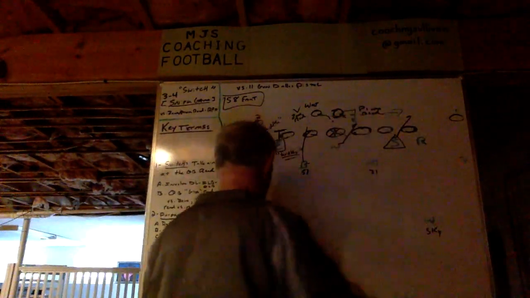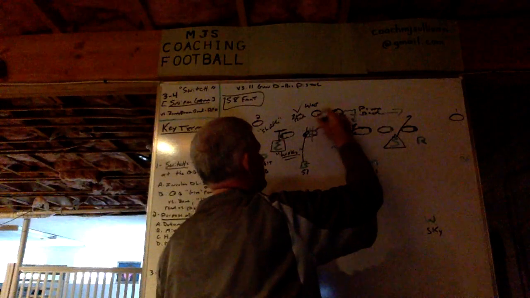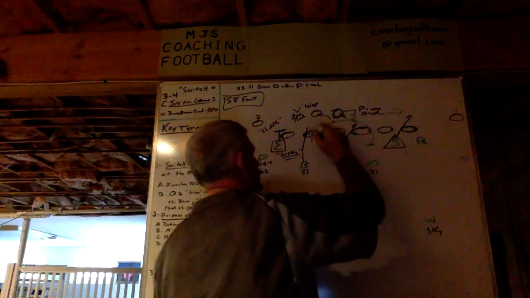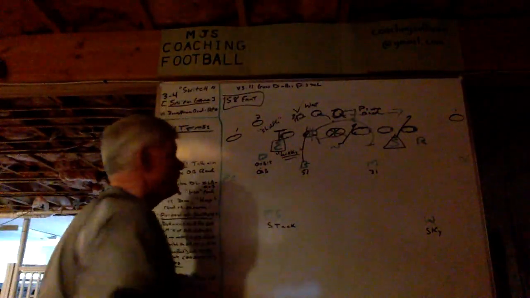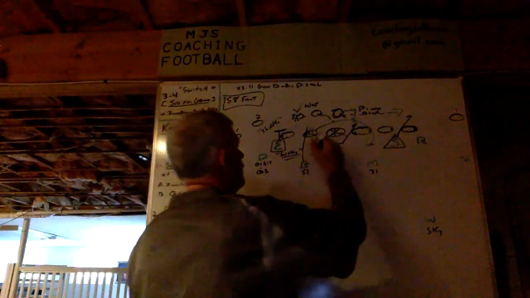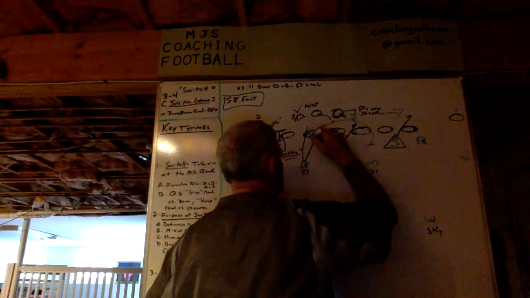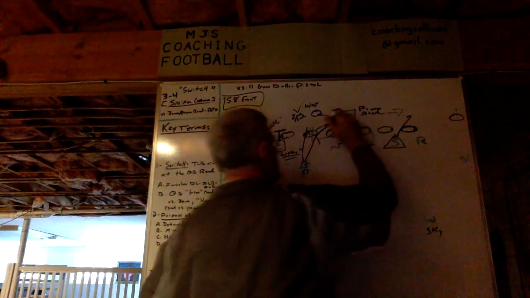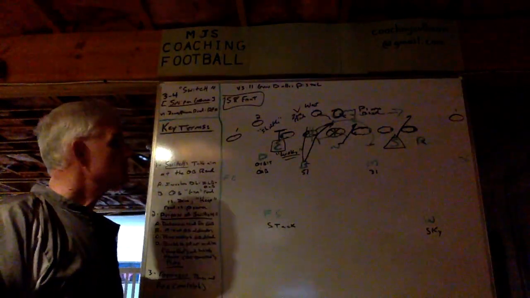On the power read, the only part of the scheme I'm going to draw is the pulling guard and the center who's going to be blocking back. On the power read, he is still going to plug and he is going to rip through the backfield shoulder. We're not changing it up. Switch is switch. He's going to plug.